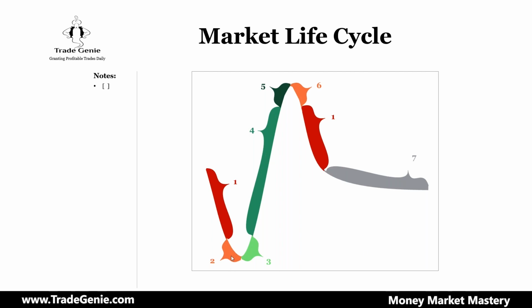This we can represent as phase two. There should be a different strategy at phase two than at phase one. The big boys are buying in phase two, absorbing all the supply.